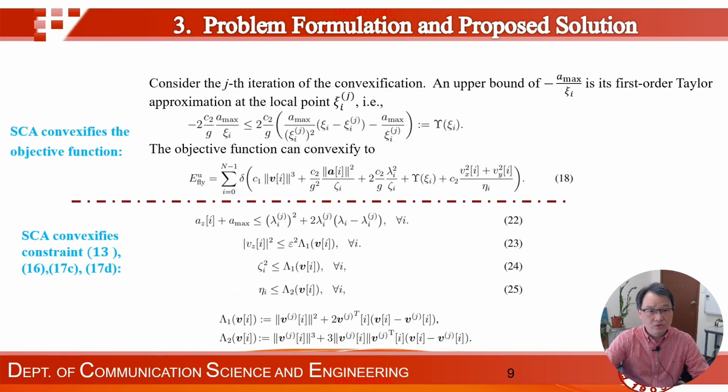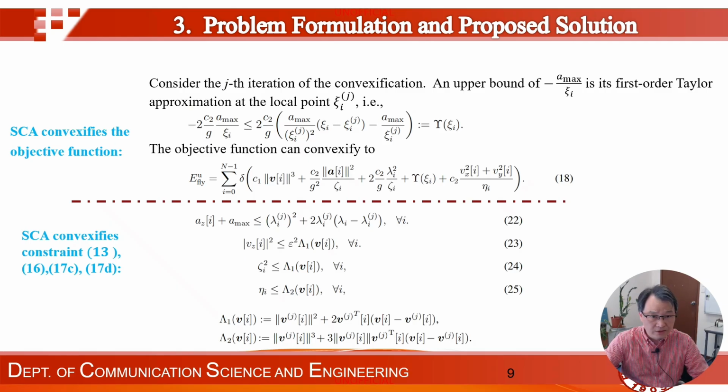Here we show how successive convex approximation, or SCA, is applied to make our problem more solvable. At each iteration of the SCA process, we approximate the non-convex terms with their first-order Taylor expansion around the current local point. For example, the difficult term involving 1 over theta i is upper-bounded by a linear function, as shown at the top.